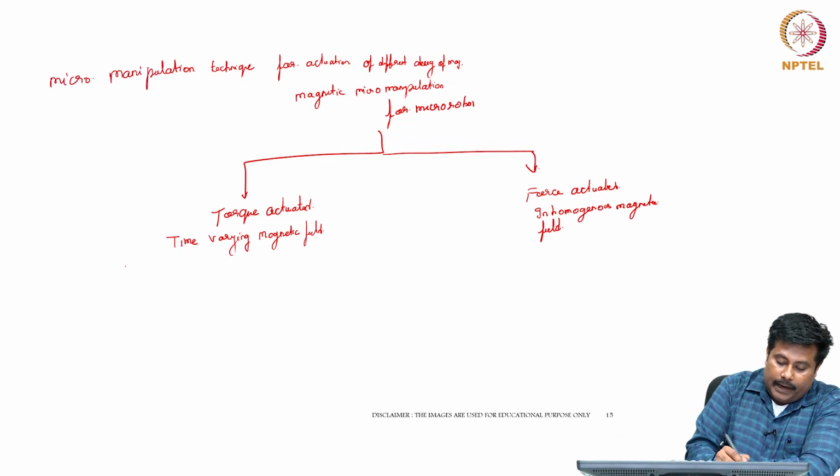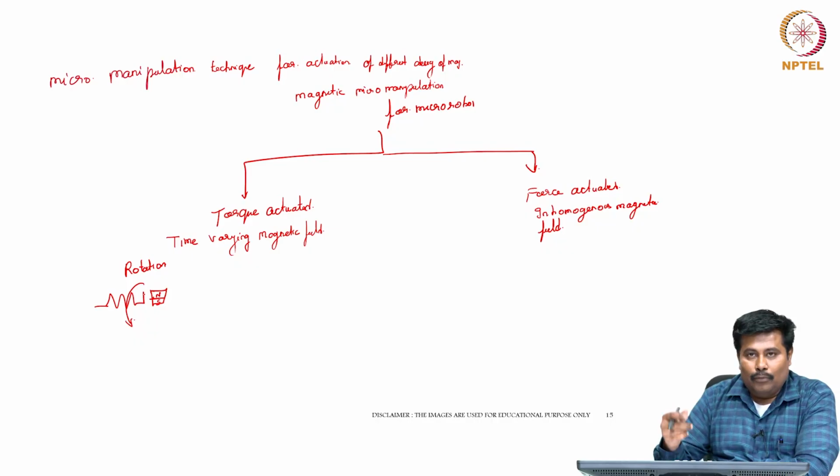So let us take a propulsion in terms of rotation, where we have a magnet and there is a rotation which exists because of the movement of the magnet.